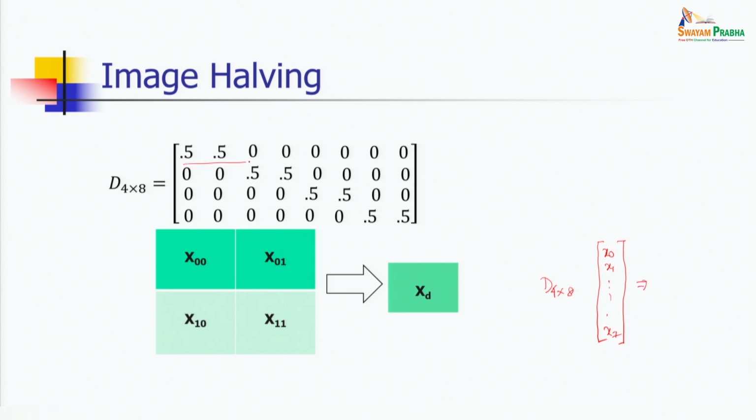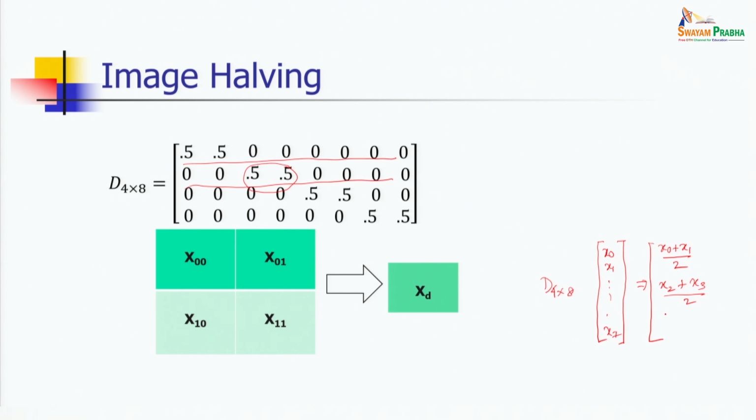The first element is basically the dot product of the first row with this vector. So the first element would be (x0 + x1)/2. This is the first row. Similarly, for the second row you have (x2 + x3)/2, because you see that these are the positions, and everywhere else it is 0.